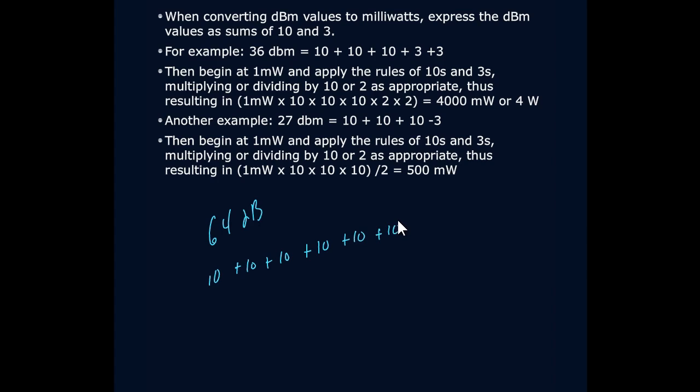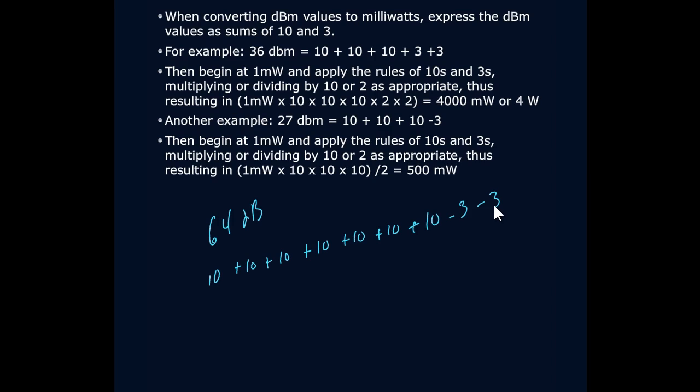That's up to 60, 70, minus 3 minus 3. All right, that gives us 64 when we add, right? Because 70 minus 6 is 64 decibels.